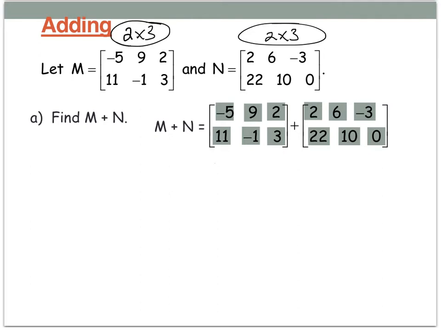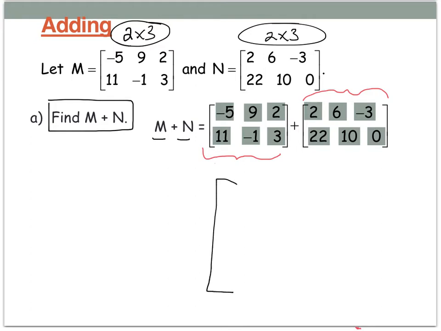Okay? So if you'll notice here, the question is going to say find M plus N. So what I've done is I've said, okay, well, M plus N is going to be matrix M listed out, plus matrix N listed out. And the way that this works is to find what this is equal to. It's going to get a little, I don't want to say messy, but I'm going to go ahead and increase the size of this.